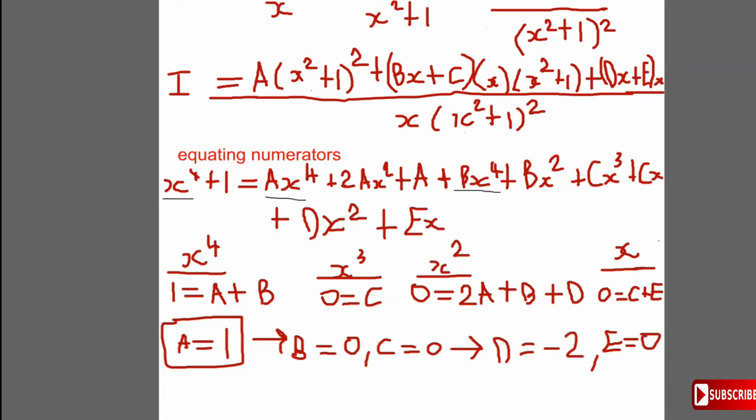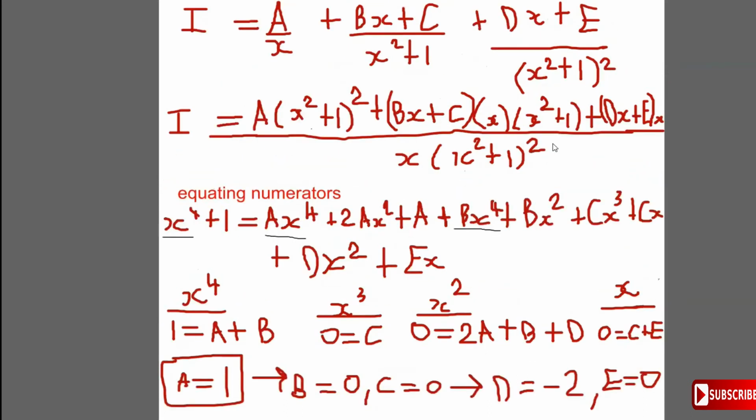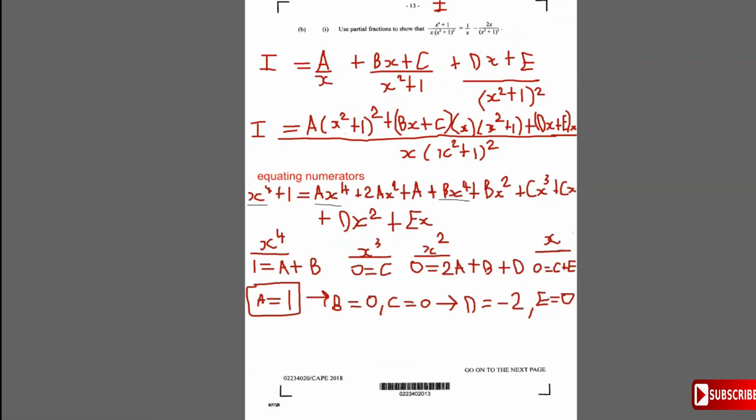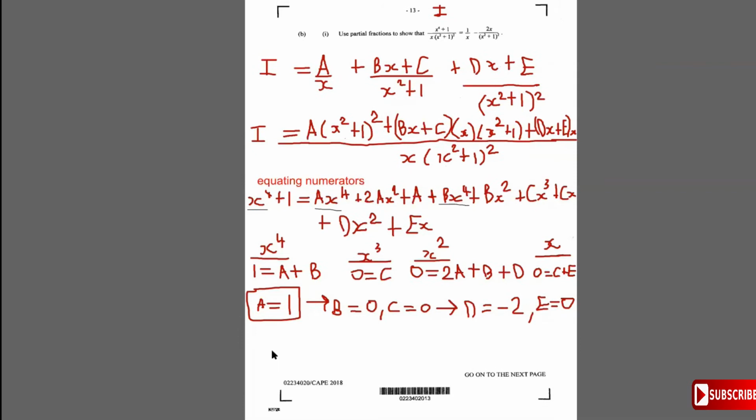All right, nice. And so looking at it now, finally we can conclude that that expression, which we can call I, is equal to a over x. a is 1, so it is 1 over x, plus bx plus c over x squared plus 1.